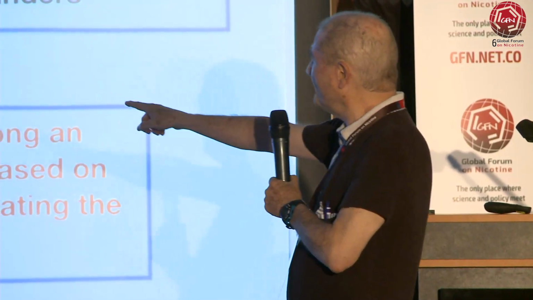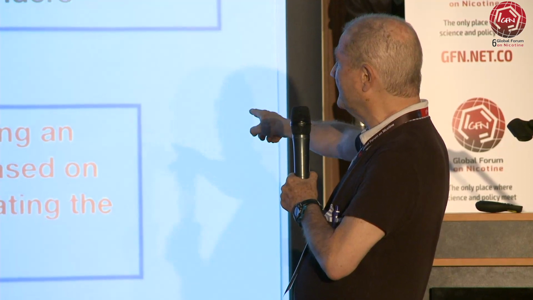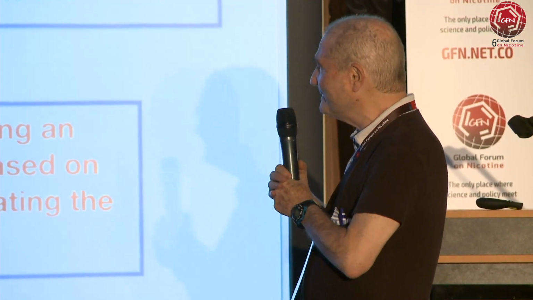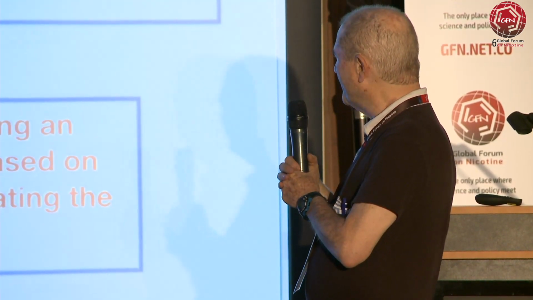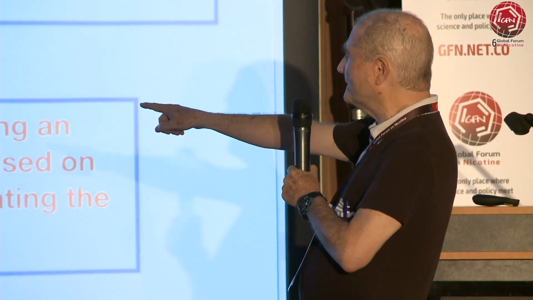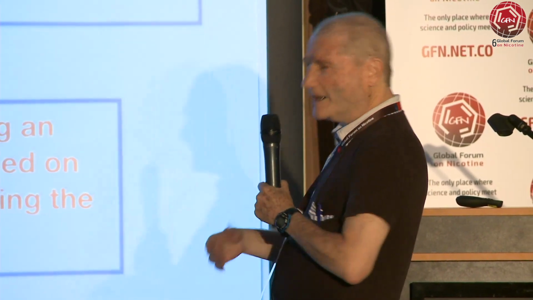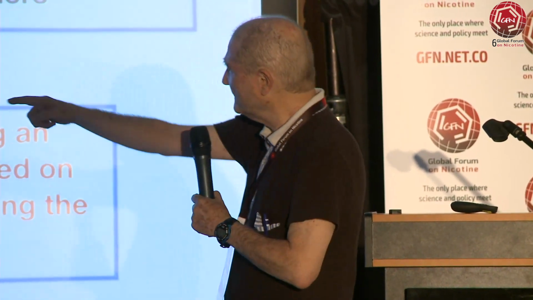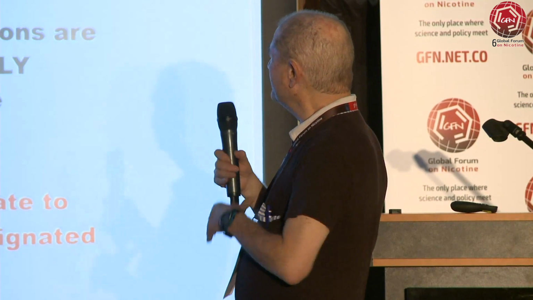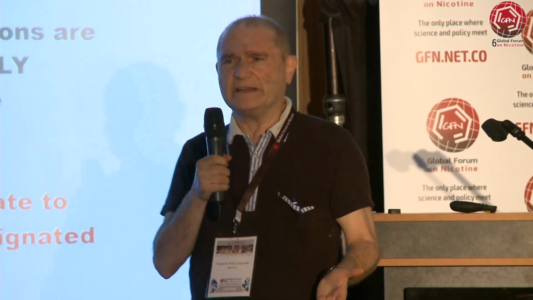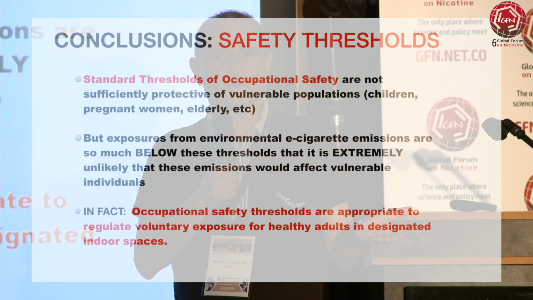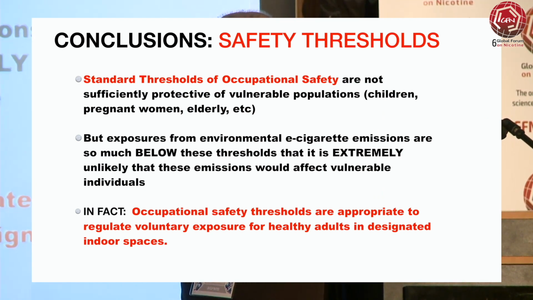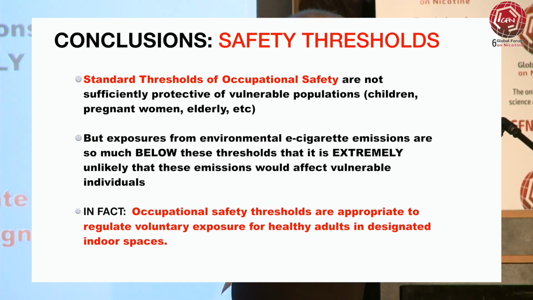So health professionals that communicate risk along an extreme precautionary approach that is not based on facts brought by solid scientific practice are violating the basic principles of public health ethics. Next one, please. Conclusions. How do we gauge the risks? Well, there are safety thresholds. There is toxicology. We know thresholds of different pollutants. Now, there are occupational safety thresholds.